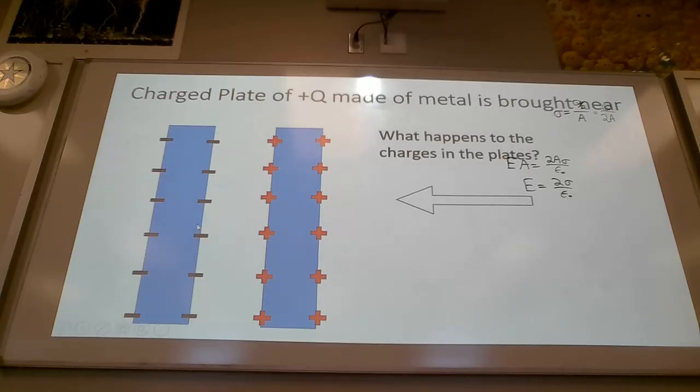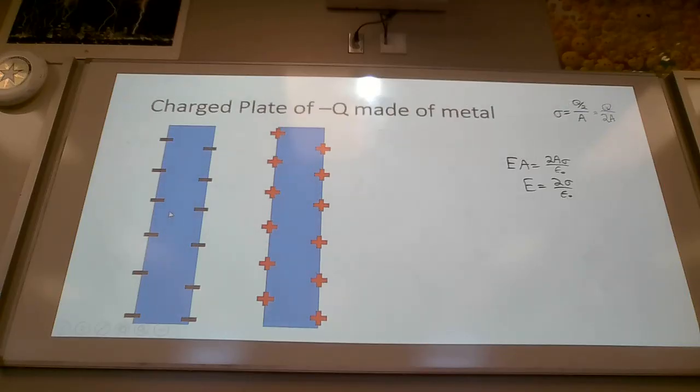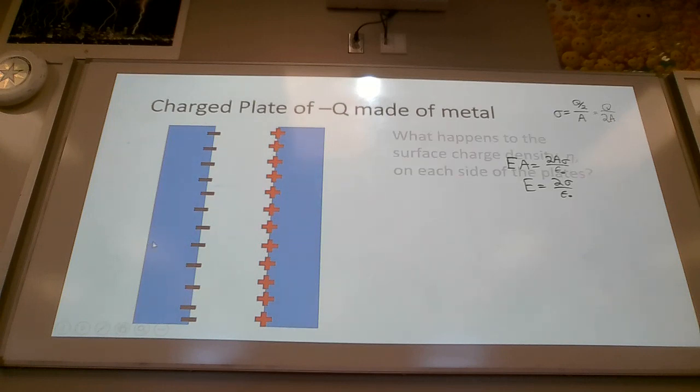So we bring this close. Here's what goes on. It polarizes. Technically, this side is more accurate.